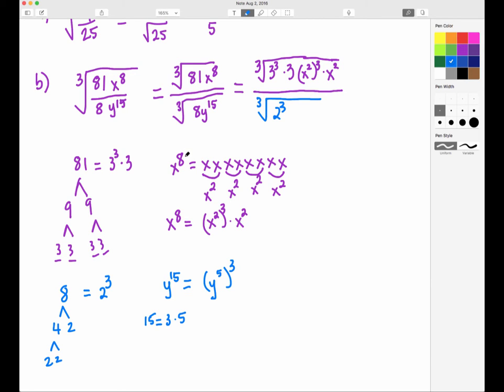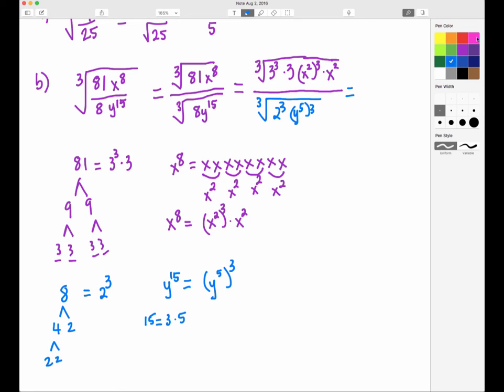I could have said 3 goes into 8 how many times, and then write the excess. 3 goes into 8 twice, so hence the 2 and the 3, and then the excess. In this case, we had a nice number. 3 goes into 15 5 times. So I have y to the 5th 3 times. So under the radical sign, I will say y to the 5th raised to the 3rd power.